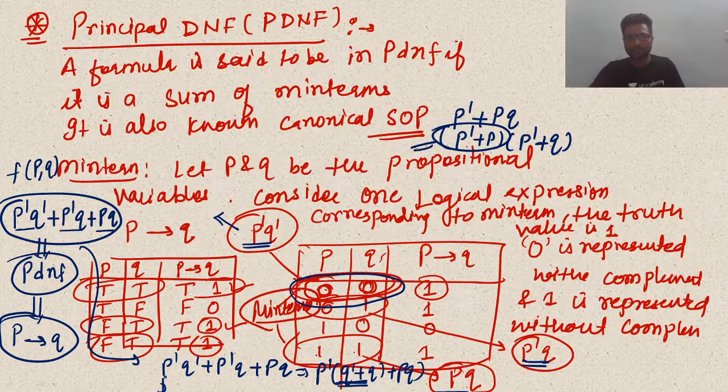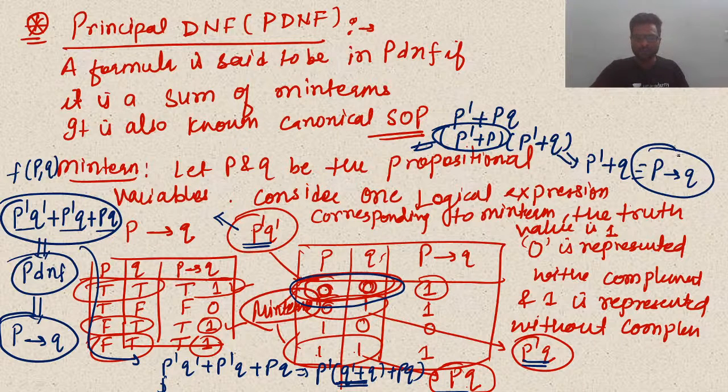So this term becomes 1. So ultimately it is p dash plus q, and that is equivalent to p implies q. So this is the way to represent any given function in PDNF format.